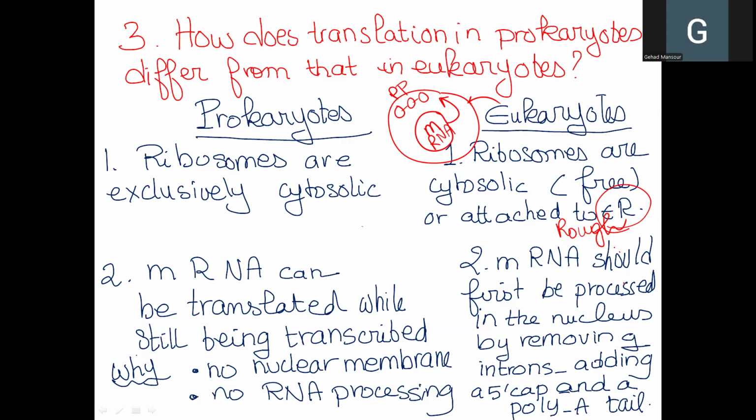So in eukaryotes, it's essential to say here that the messenger RNA is first transcribed in the nucleus, and then after being transcribed, it is processed in the nucleus by removing the introns and then splicing the exons together, and by protecting the messenger RNA and helping it to attach to the ribosome using the 5' cap, and then by protecting it again by adding the polyadenine tail. And we might be seeing this later on over the slides.